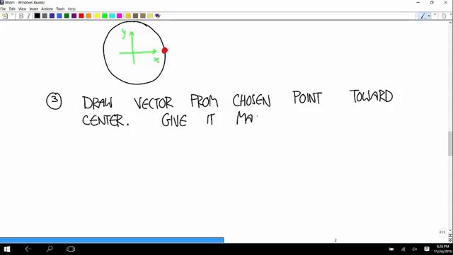Give it the magnitude v squared over r. Then this is the centripetal acceleration.